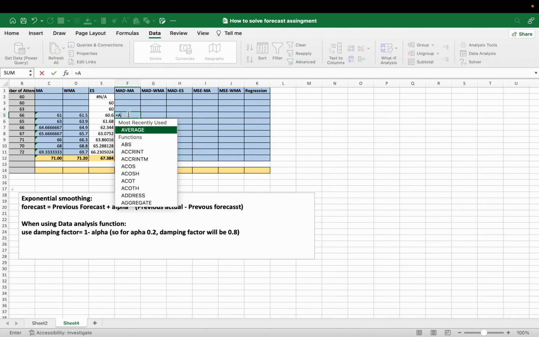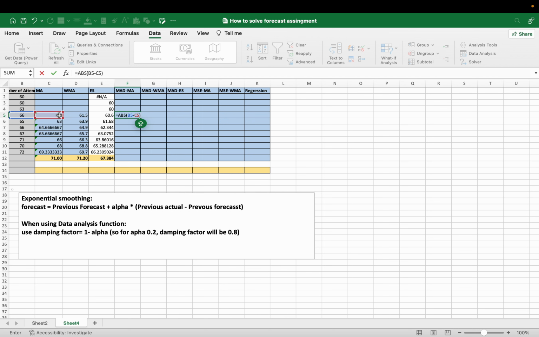And the formula is the absolute difference of 66 minus 61, and if you hit enter and then drag it, make sure that you drag it only up to this point because this is not forecast. In this case we had to drag it up to 11 because this is forecast, this is not forecast.